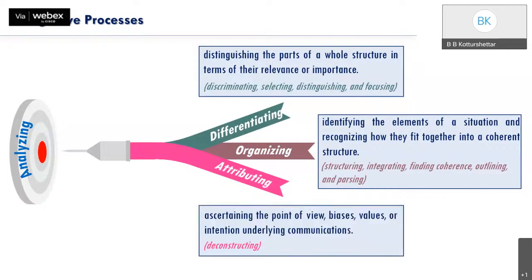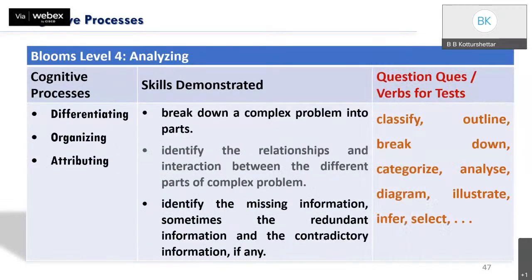Then attributing is ascertaining the point of view, biases, or values, that is, deconstructing. The verbs used are classify, outline, break down, categorize, analyze, and so on.